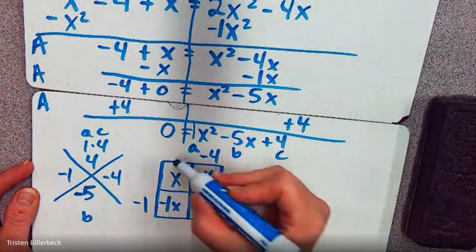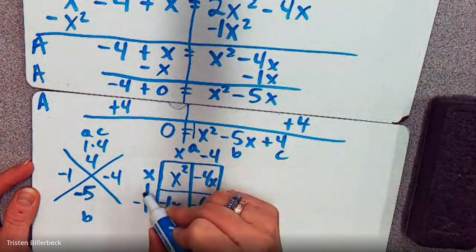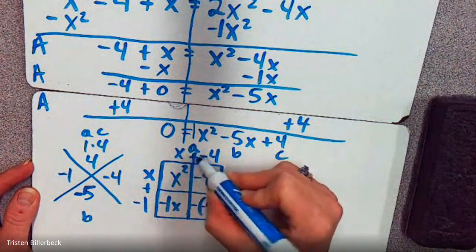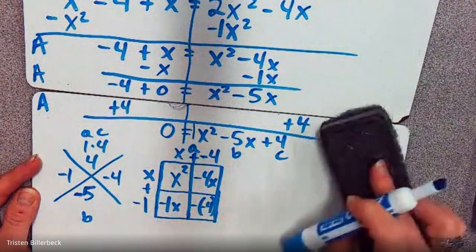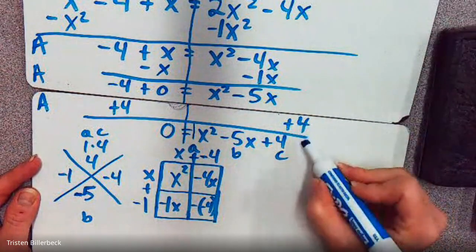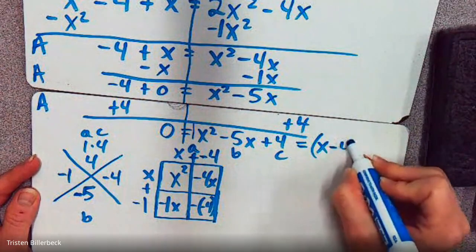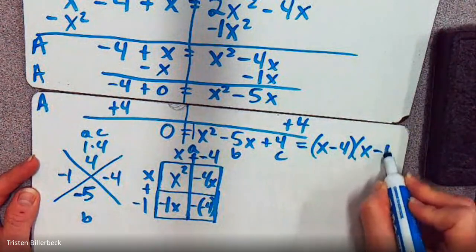So there you go. This one, they just have an x in common and an x in common. And remember, I always just said, just put a plus right here. Okay, but we know plus and minuses, when they're together like that, that's just a minus. So this is going to factor as x minus 4 times x minus 1.